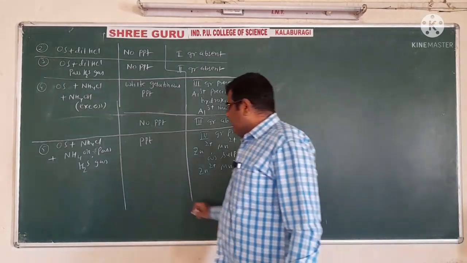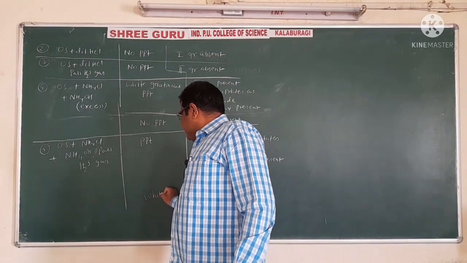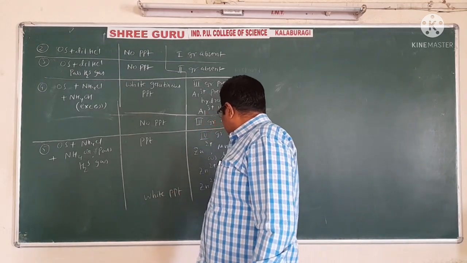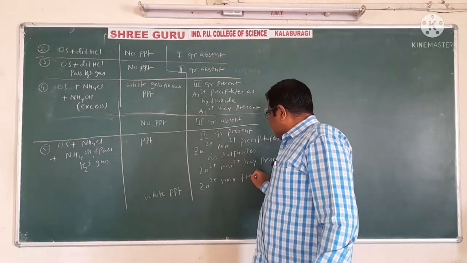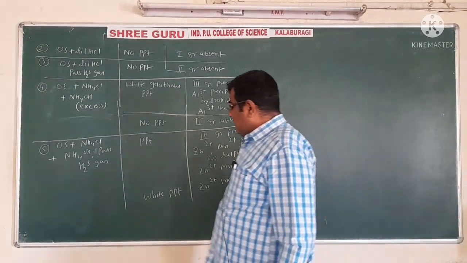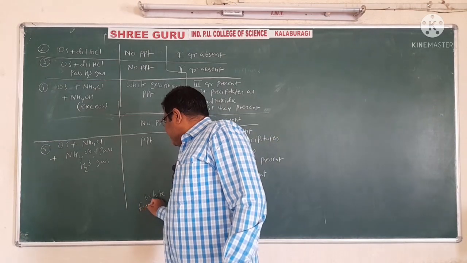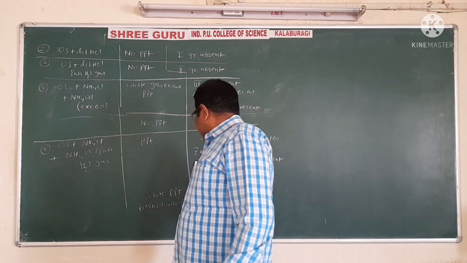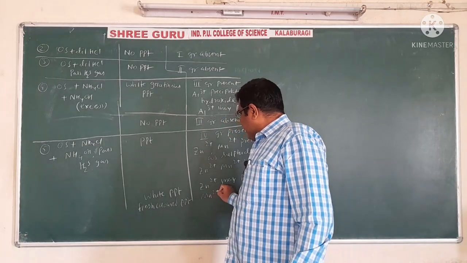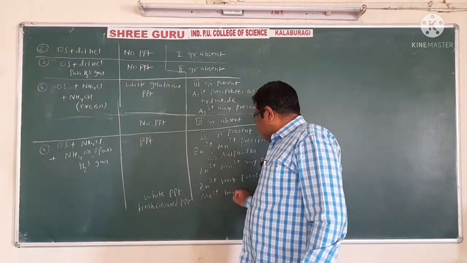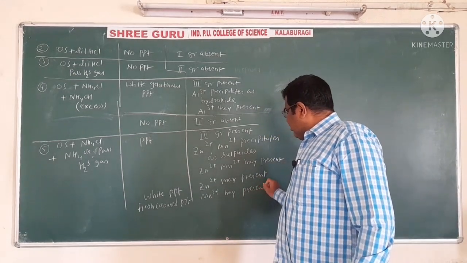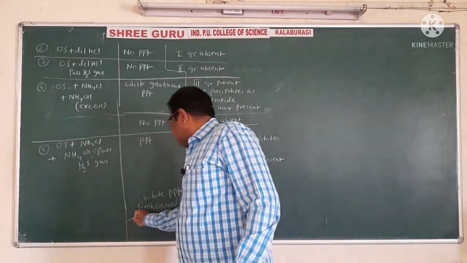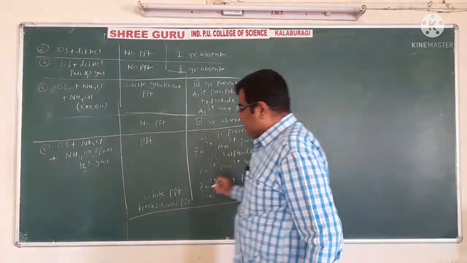We can say if it is white precipitate, then Zn2+ may present. And if there is flesh colored precipitate, then we have to say that manganese may present. Or of course there will be another possibility. What is that? No precipitate, no PPT.